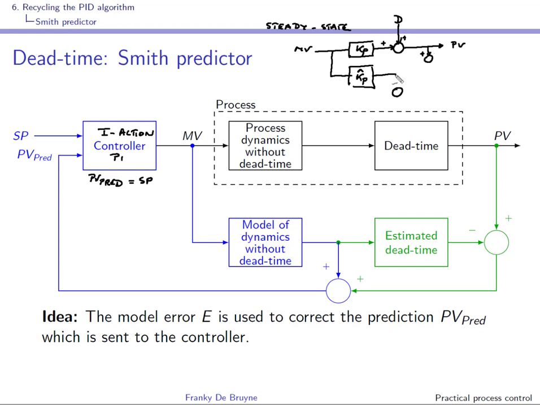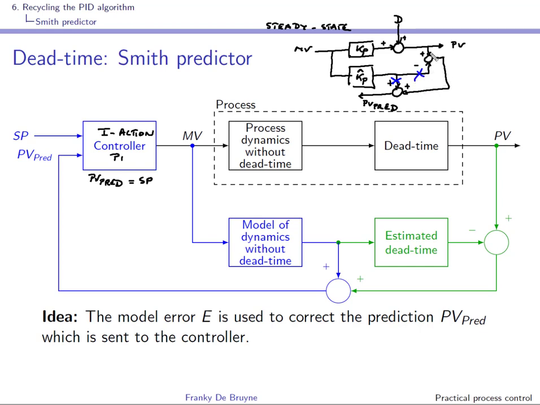So if we look at this scheme over here in steady state, what will be happening is something like this. Plus, minus, we'll have a plus over here, and the model error in steady state will be added, and this is therefore the predicted PV. And we know that the predicted PV will be on set point. But as you can see here in steady state, we have something that is added over here and it is subtracted over here.